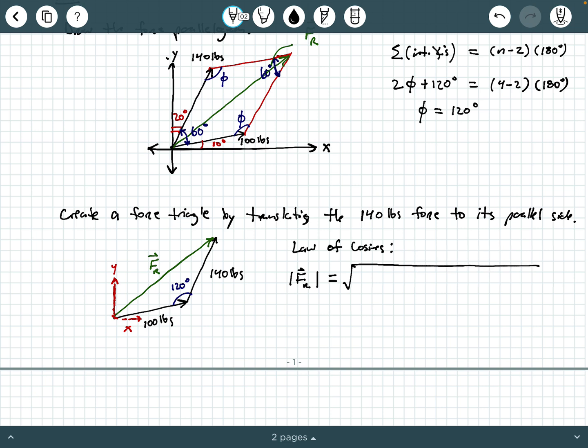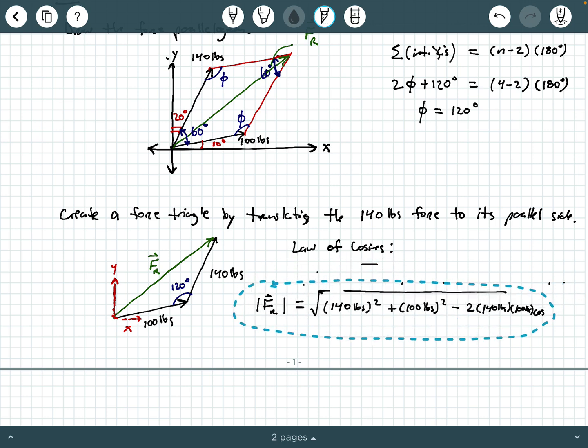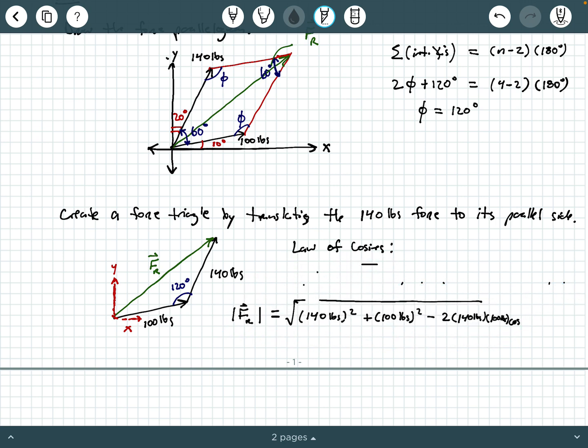I'm going to use my law of cosines formula. Let's see if we remember how to do that. That's 140 pounds squared plus 100 pounds squared minus 2 times 140 pounds times 100 pounds times the cosine of that angle that's opposite the side of F sub r, so cosine of 120. Let me redraw this down here to be a little bit more neat.